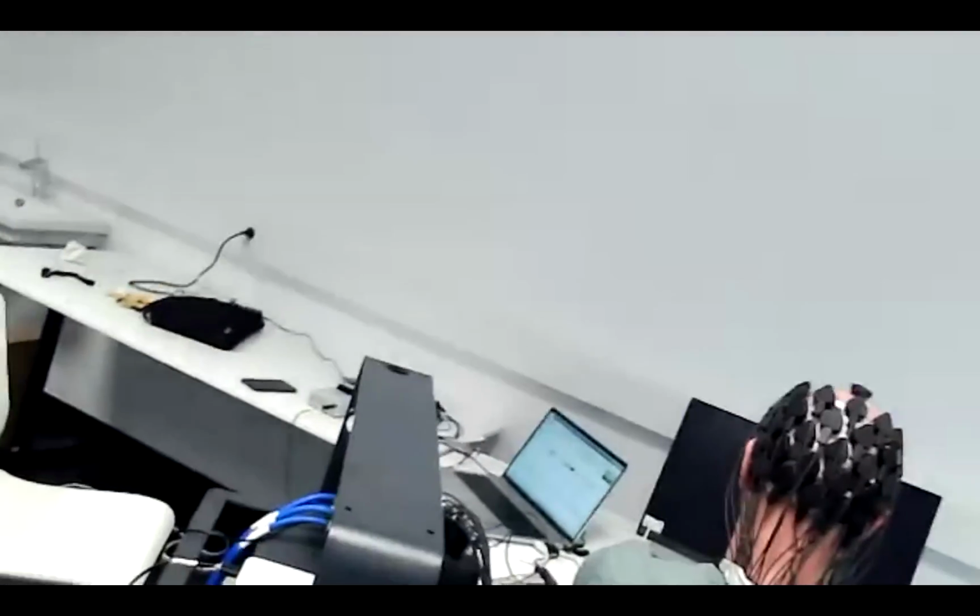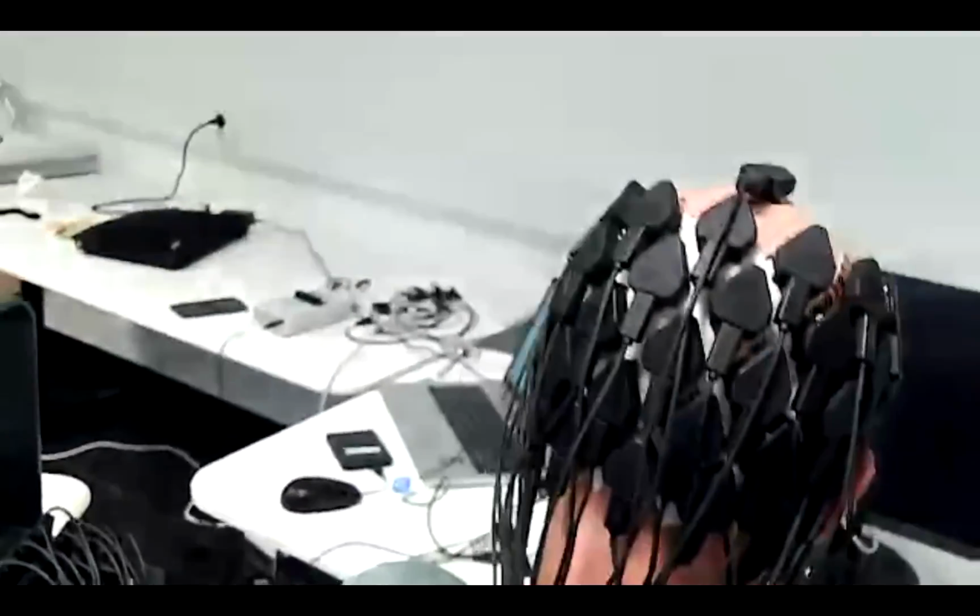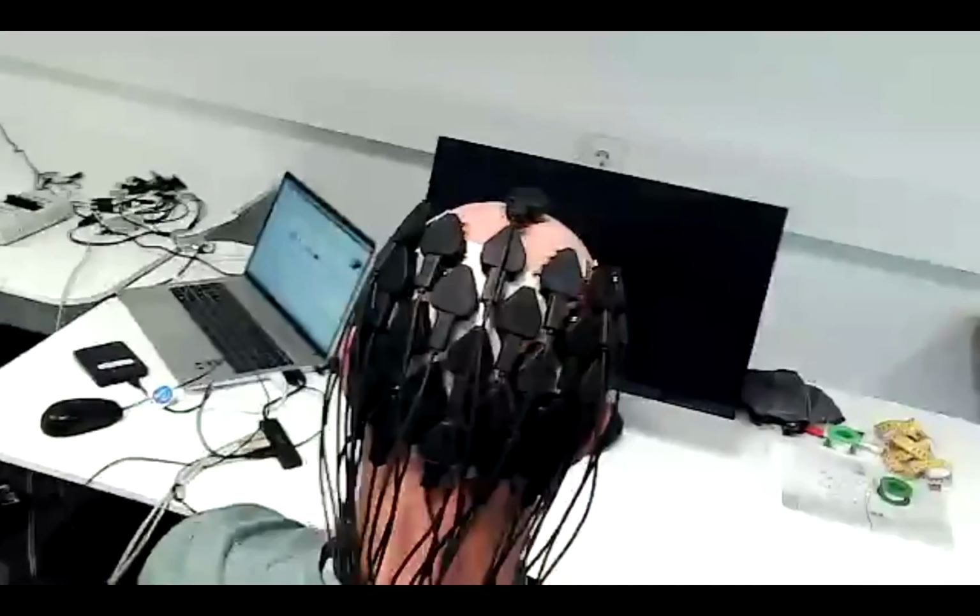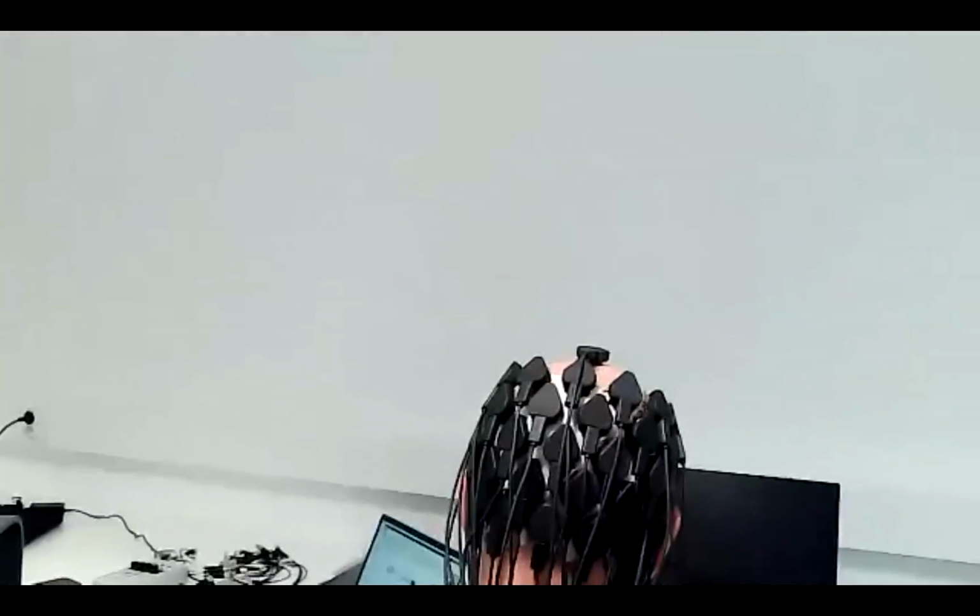So we mount the ground here on the mastoid with one of those standard electrodes with a clip. And this is the total setup with 512 channels.